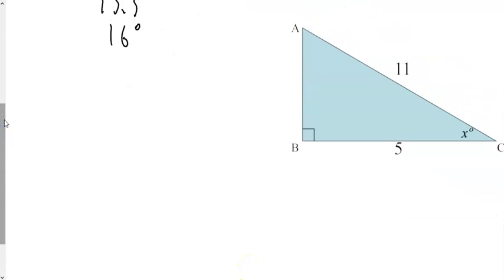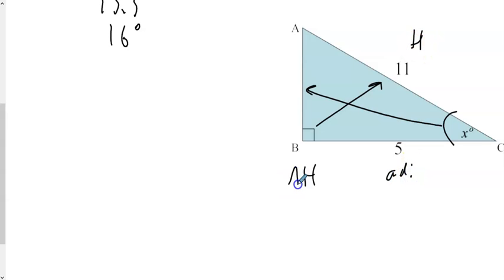No problem. Okay, how about this one? So we find our angle first. Here it is. Notice we have hypotenuse. So we know it's going to be sine or cosine. We do not have the opposite. We have our adjacent. So that is CAH, which is cosine. So cosine of my angle, which I don't know, equals adjacent 5 over hypotenuse 11.